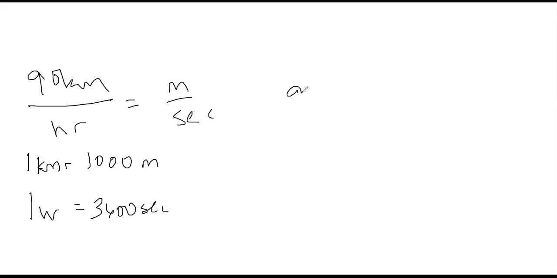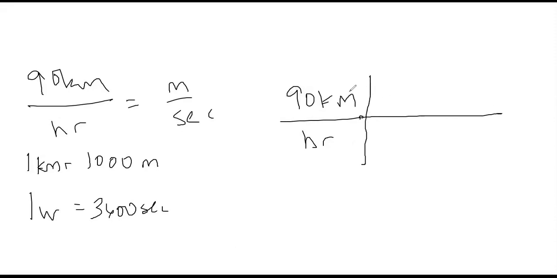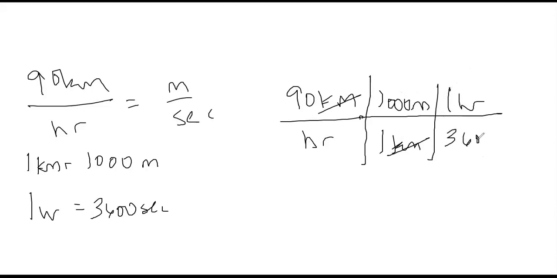So we start with 90, and this time we have kilometers over hours. So we have to do the top and the bottom. So we'll start with the top one, kilometers. So 1 kilometer has 1,000 meters in it. And I apologize for sloppiness. This pen is, hopefully I'm going to be improving this soon, but won't be for a week or two. And then we got to get rid of the hours too. So we got to put our hours up top here and our seconds on the bottom.